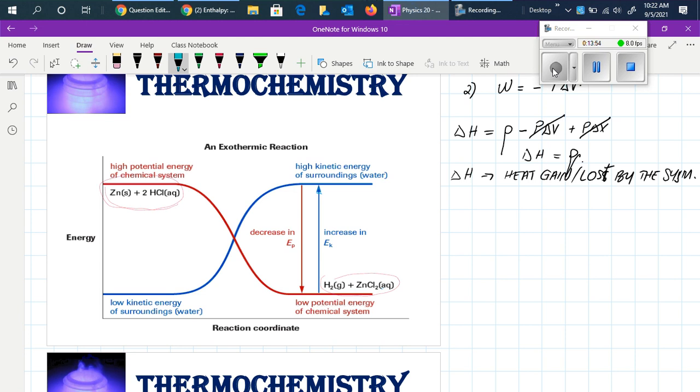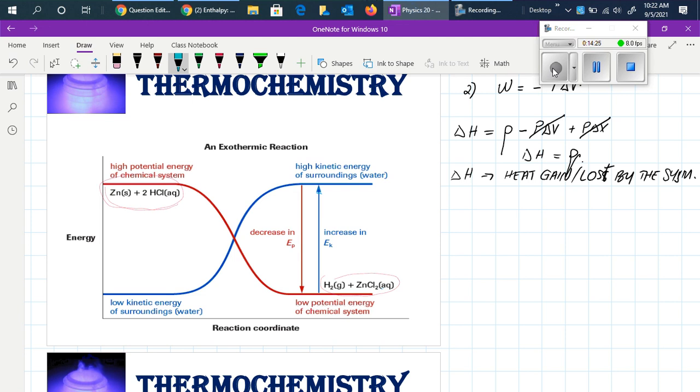So as the potential energy of the system is decreased, the kinetic energy of the surrounding is increased, which will result in higher heat, which will result in warming up, the heating of the surrounding, or a higher temperature of the surrounding.